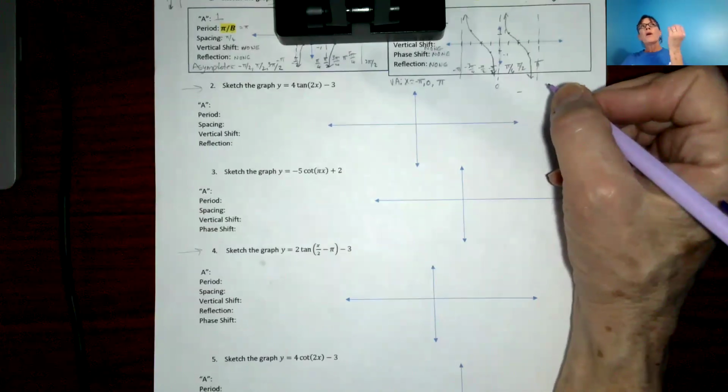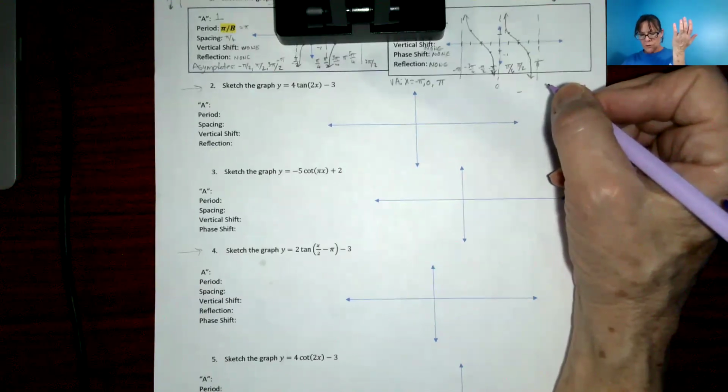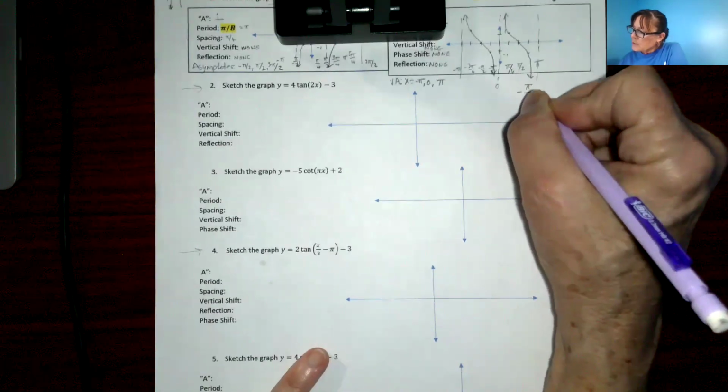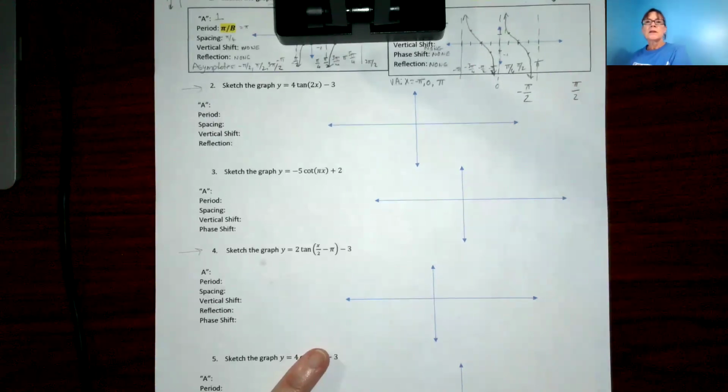You can say, hey, what is a normal period for one of these? A normal period for sine, cosine, secant, cosecant is 0 to 2 pi. A normal one for cotangent is 0 to pi. A normal one for tangent is negative pi over 2 to pi over 2. That's how long it takes to cycle.